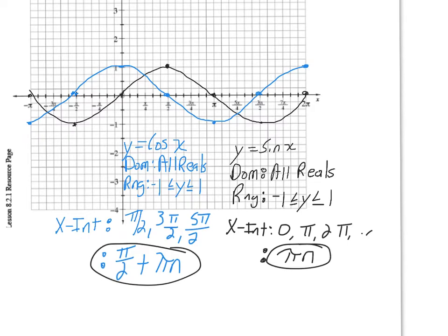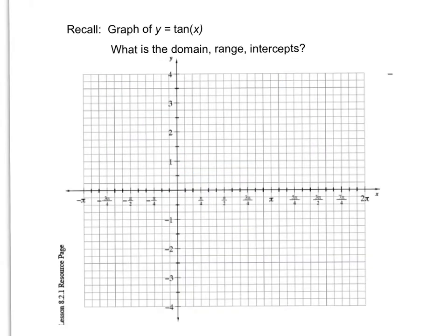Just a quick review of cosine and sine. And what about the tangent function? You might want to just go to your calculator, type in tangent, and see what the graph looks like. Remember, tangent is also sine of x over the cosine of x.